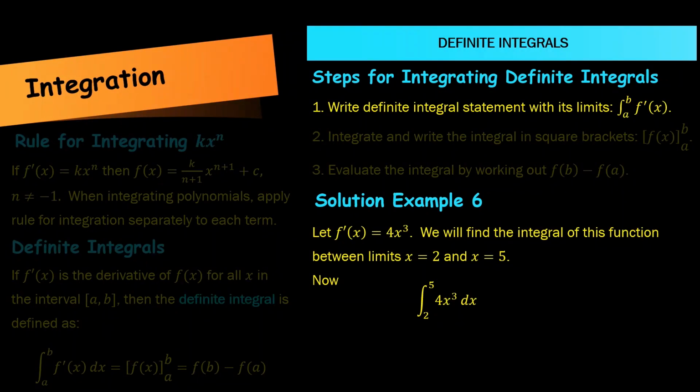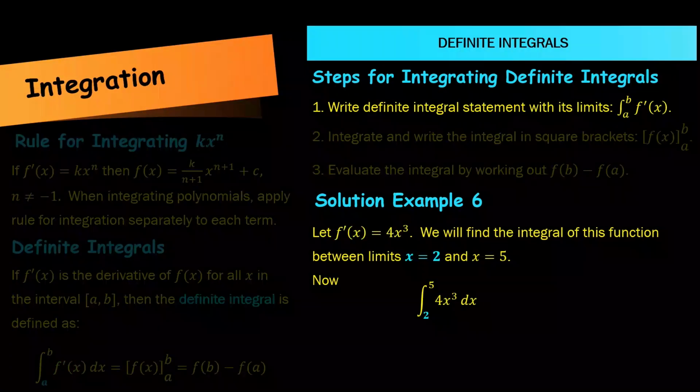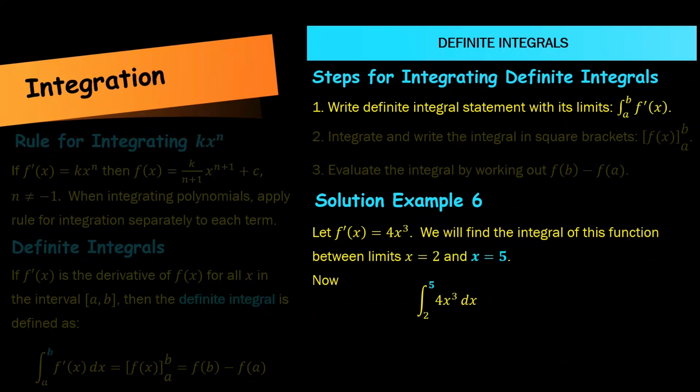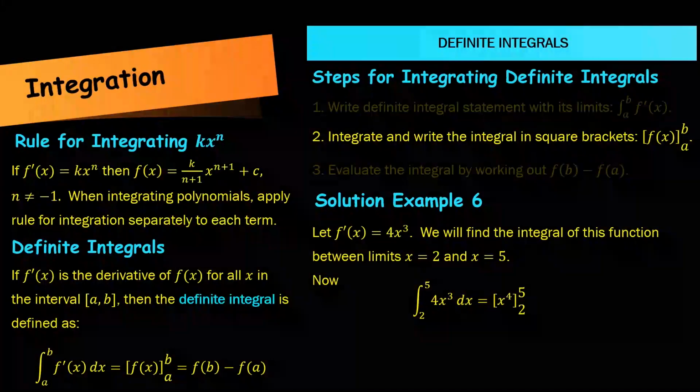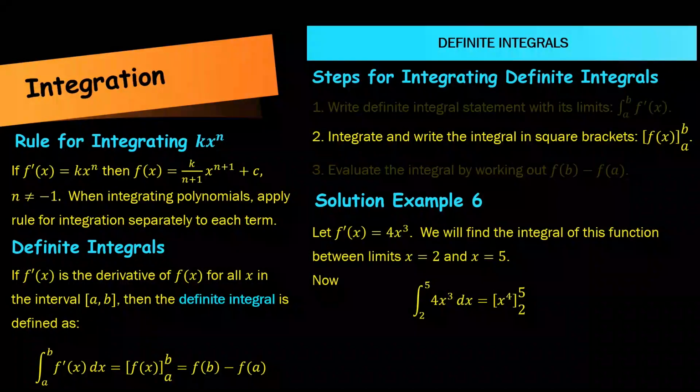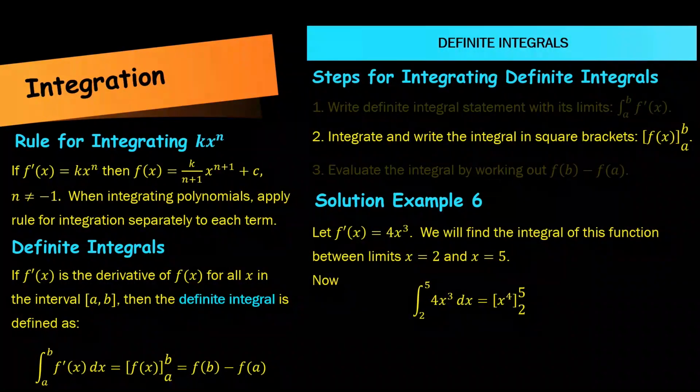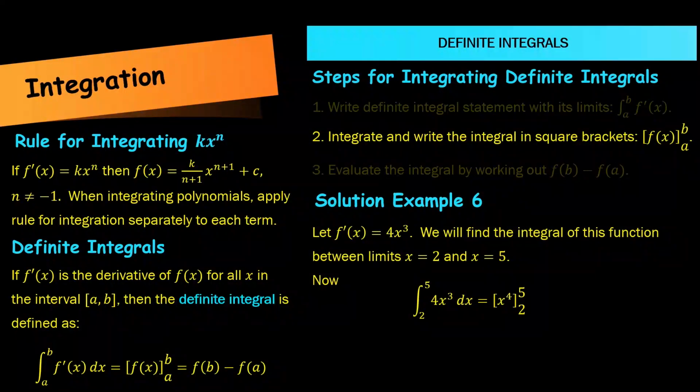from x equals 2 to x equals 5 gives us x to the 4 between the limits 5 and 2, as shown.